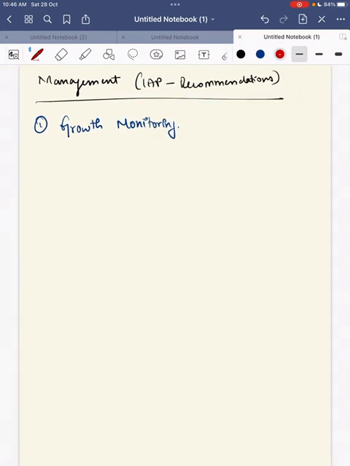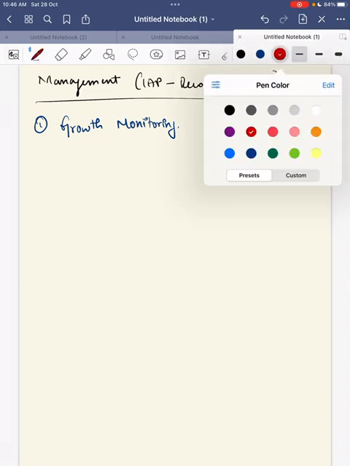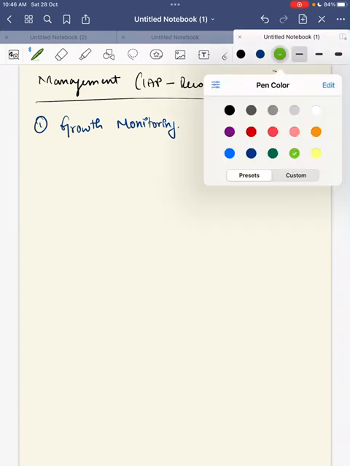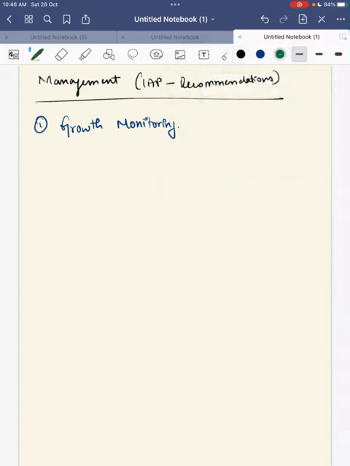Next, we'll go on to its management according to its IAP recommendation. First is the growth monitoring. For growth monitoring, you will be requiring the height, length and the weight and head circumference of the child should be regularly monitored, and this should be plotted in a Down syndrome specific chart that is available in CDC.